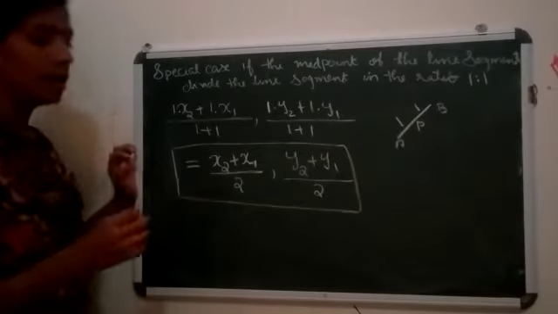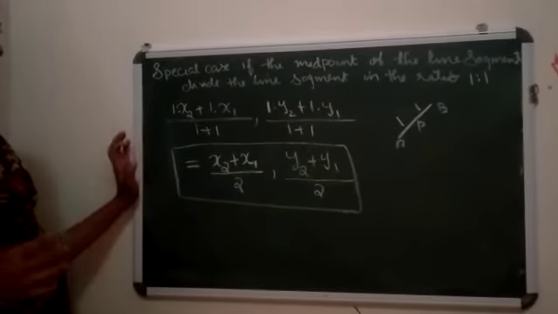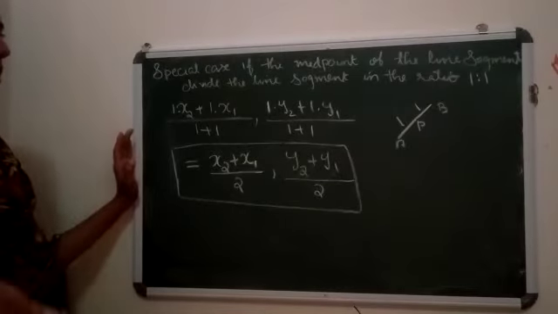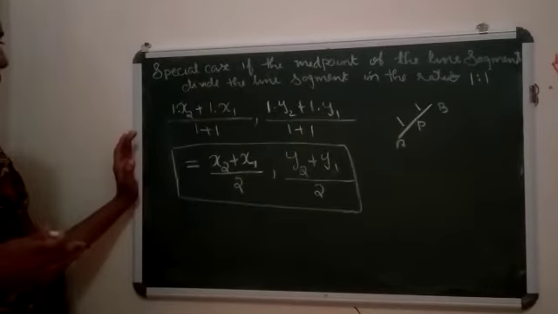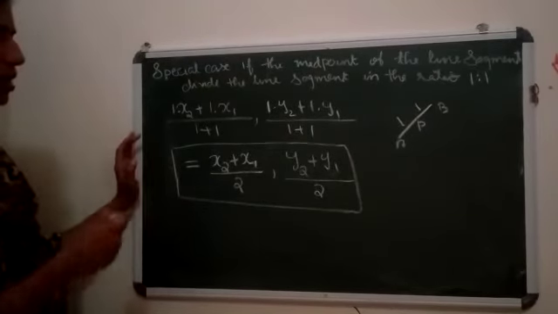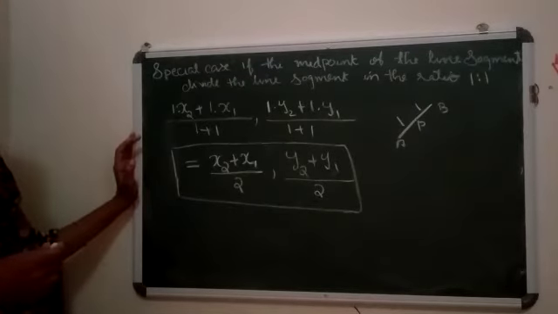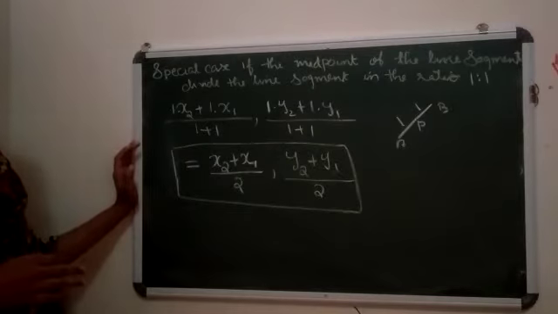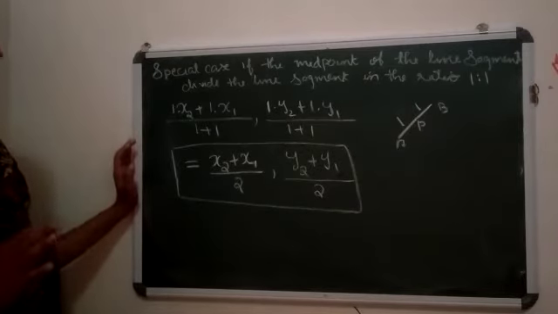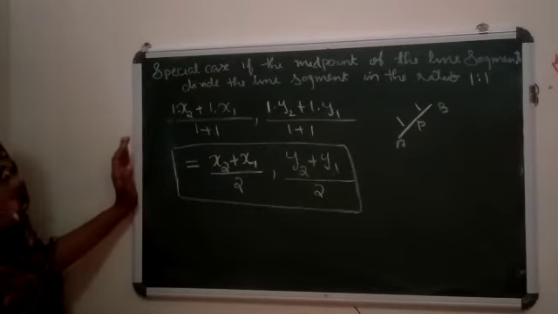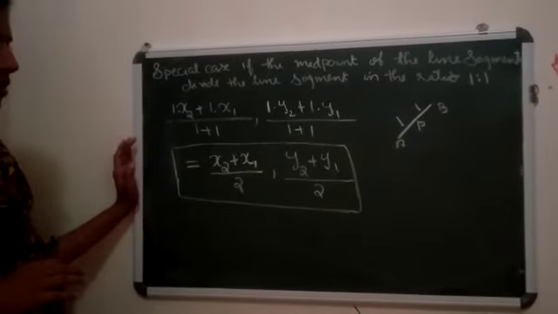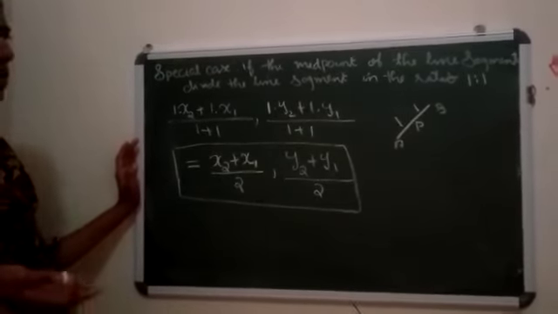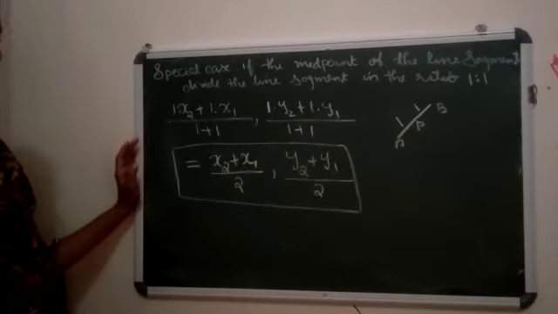When the point divides the line segment in the equal ratio 1:1, then for finding the coordinate, we can use x2 plus x1 divided by 2 and y2 plus y1 divided by 2. This is the midpoint formula. So these are the equations for finding the coordinates of the point which divides the line segment. Using these equations, we can solve many problems.